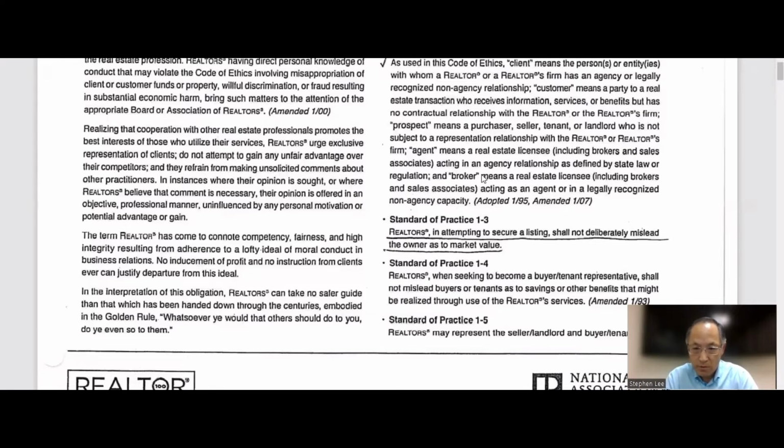But broker has a broader definition: it includes an agency relationship plus any legally recognized non-agency capacity. Also, we call that in general a broker. So in this Code of Ethics, when they describe this terminology, that's what they mean.